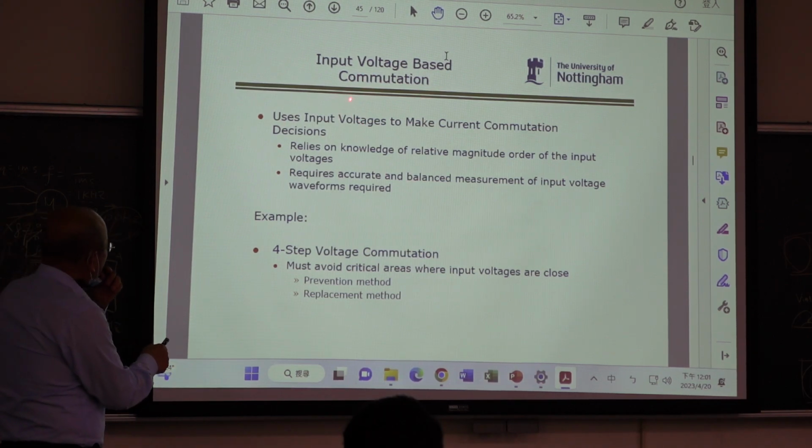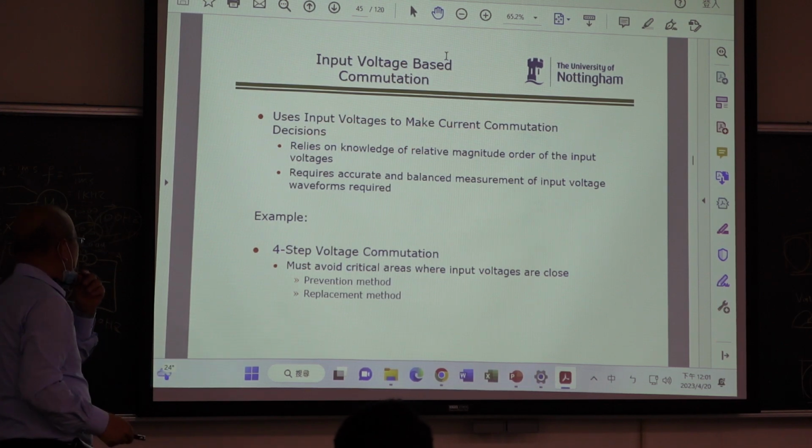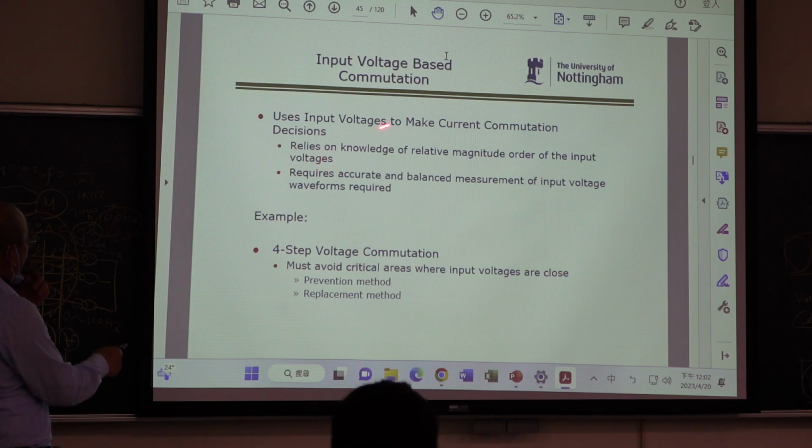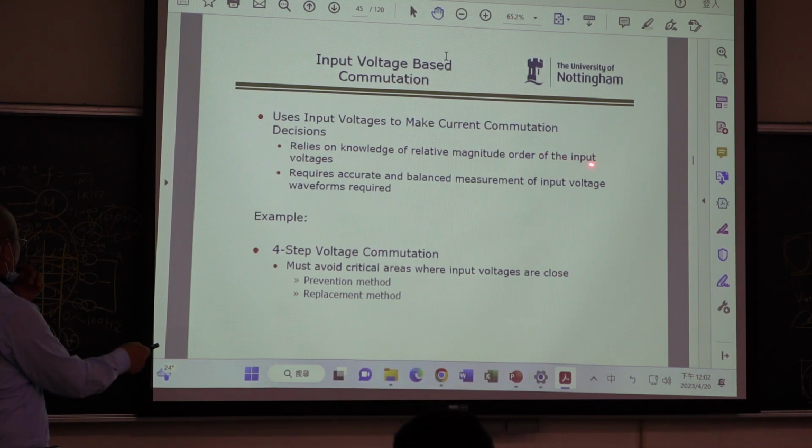We can measure the input voltage to decide the current commutation. So we know the information of the input voltage. If phase A is at the peak value, then we know switch A should turn on. And we require accurate and balanced measurement of the input voltage sensor.